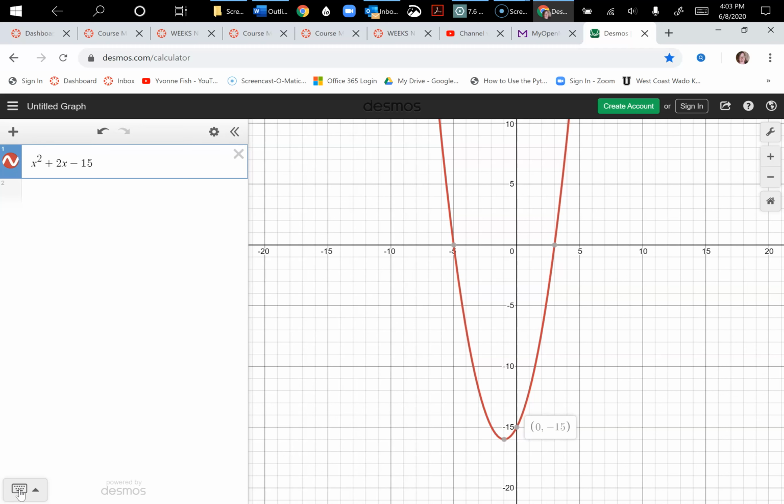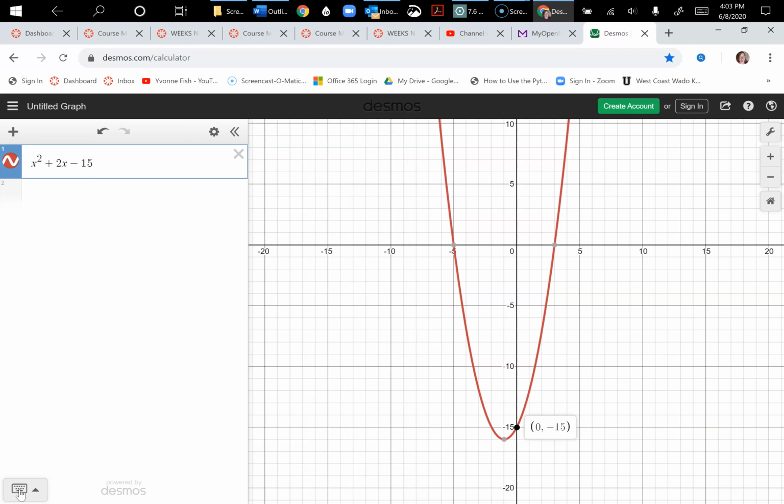We also could plug in 0 and we would get our y-intercept, and that would be negative 15. But it is trickier to know where your x-intercepts are. In this case, if we just kept going along, we would eventually get that. If we plugged in 3, we would find 0. But there's a very systematic way to find that.